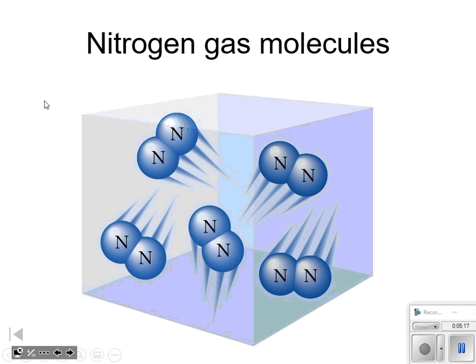So how many open bonding sites does nitrogen have? 3 open bonding sites. So when nitrogen bonds with itself, what's one thing you think you could tell me about the bonding?